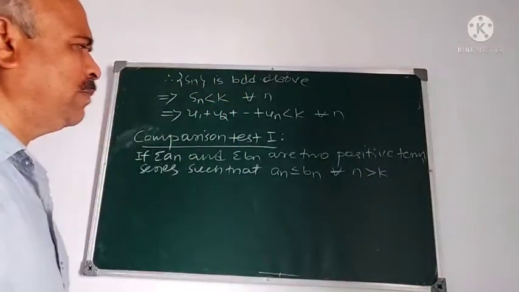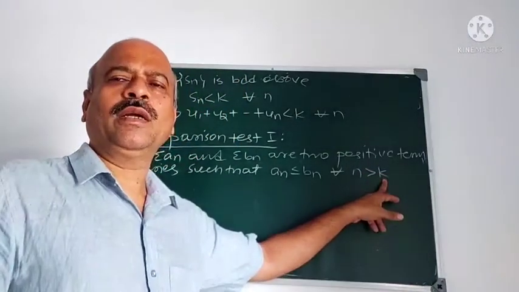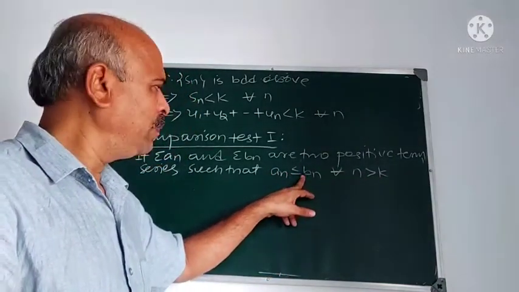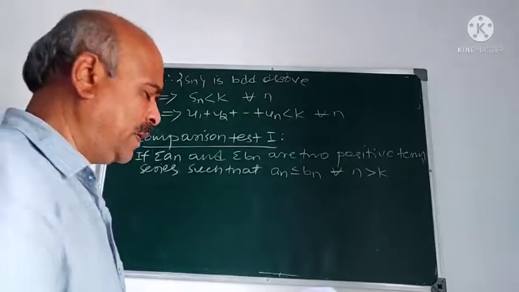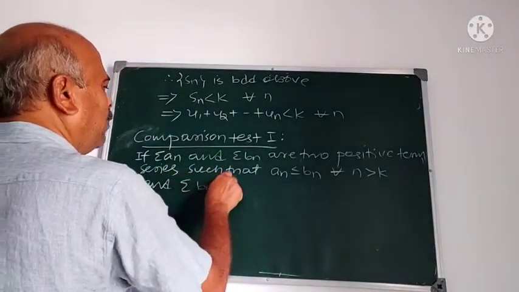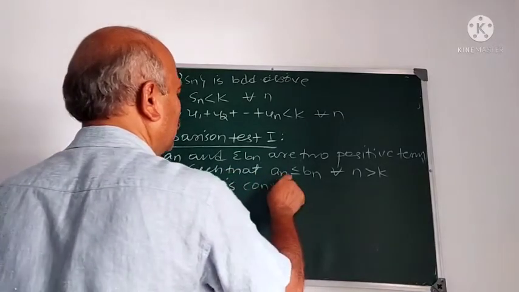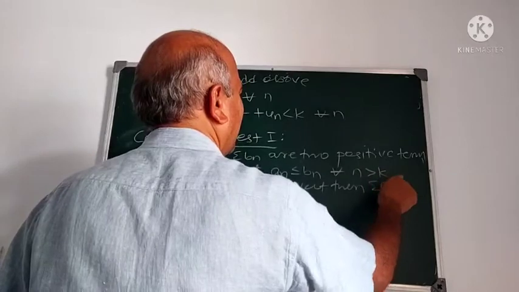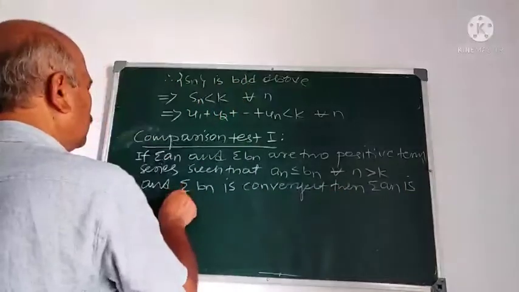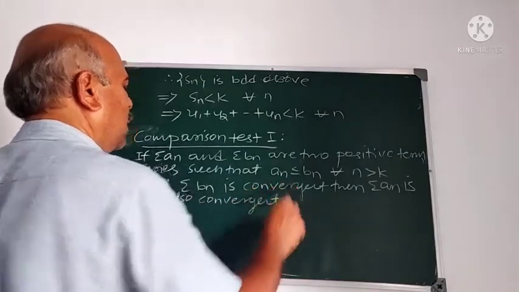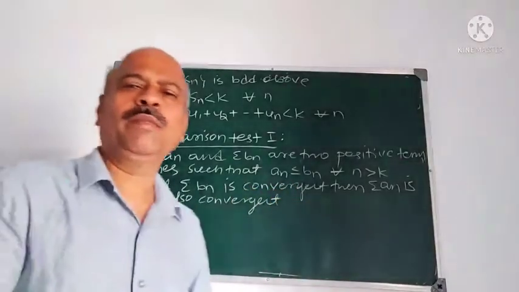Suppose there exists a positive integer, natural number k, so that an is less than or equal to bn for all n greater than k, and sigma bn is convergent, then sigma an is also convergent. Very important theorem it is.